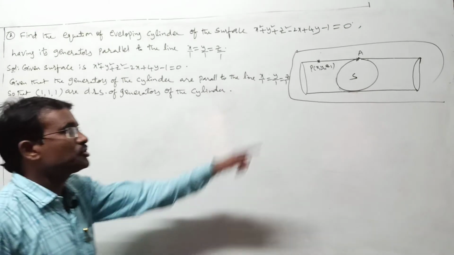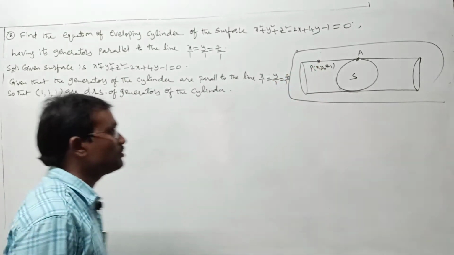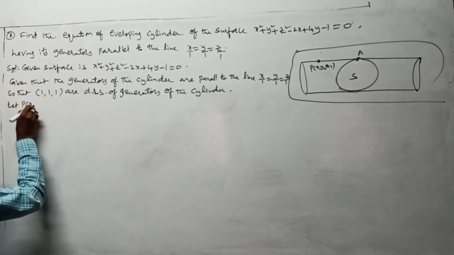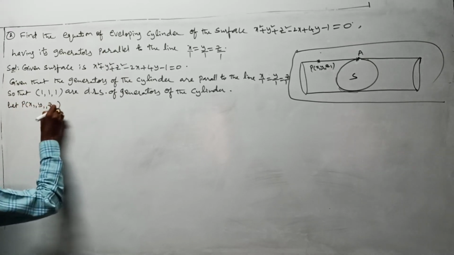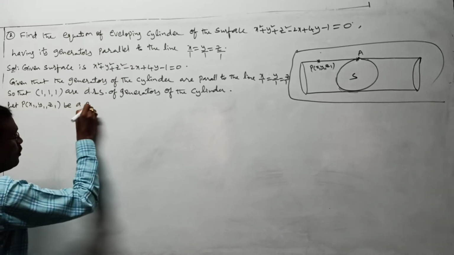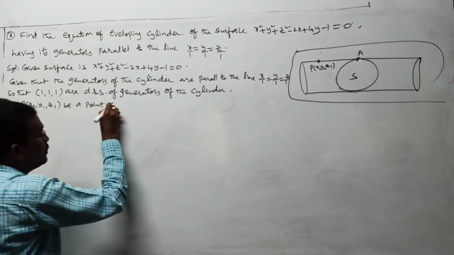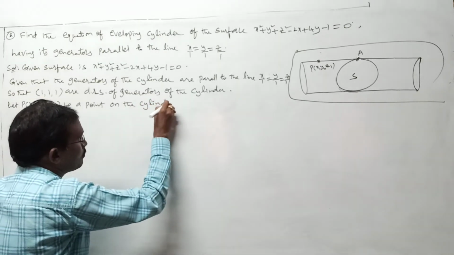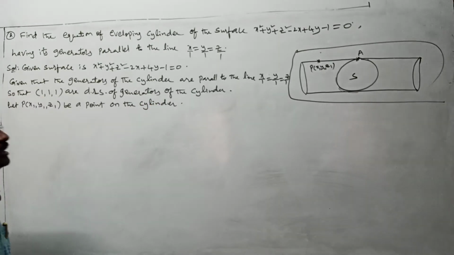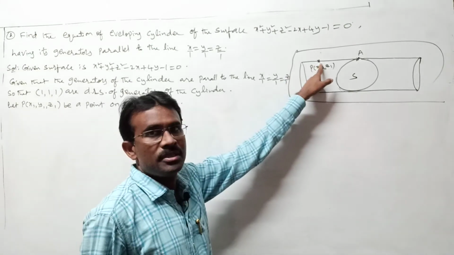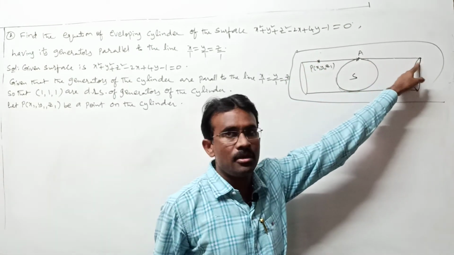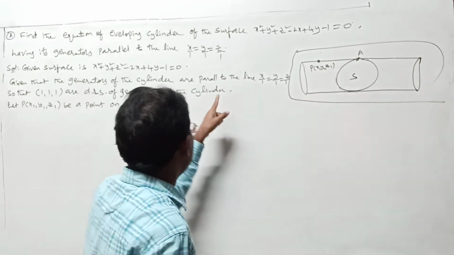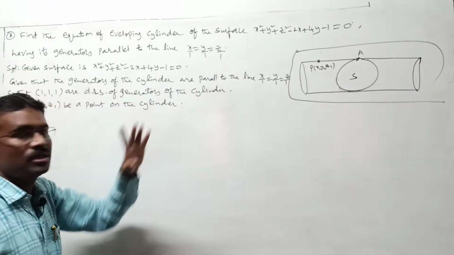In the next step, let P (x1, y1, z1) be a point on the cylinder. Now we can write the generator equation: the equation of the line passing through point P and having direction ratios 1, 1, 1.